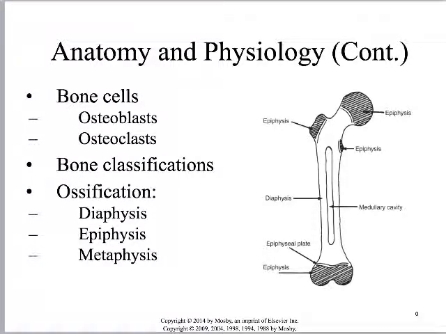When we talk about cells in the bones, there's two big types that we need to be familiar with, and these are mature bone cells. The first are the osteoblasts, and they're responsible for bone formation. So they will line the medullary canal. They'll also be throughout the periosteum, which we'll talk about in just a moment.